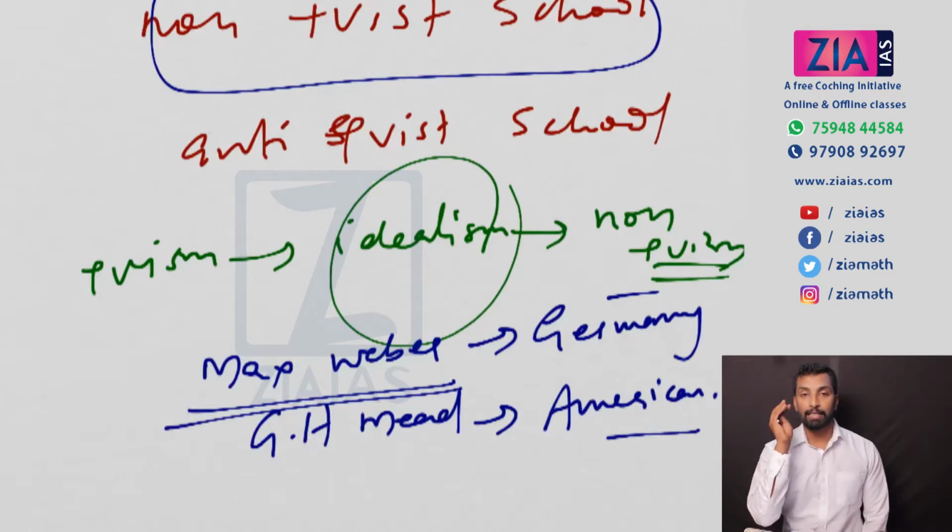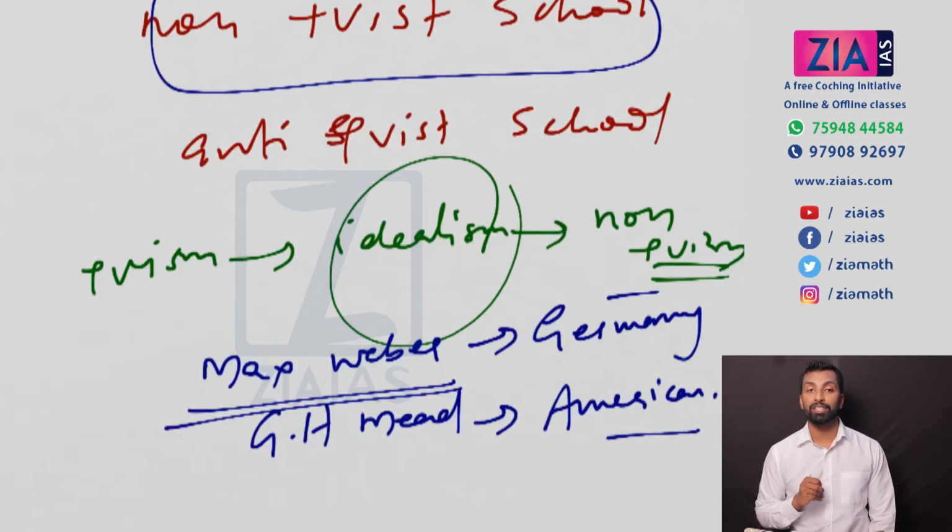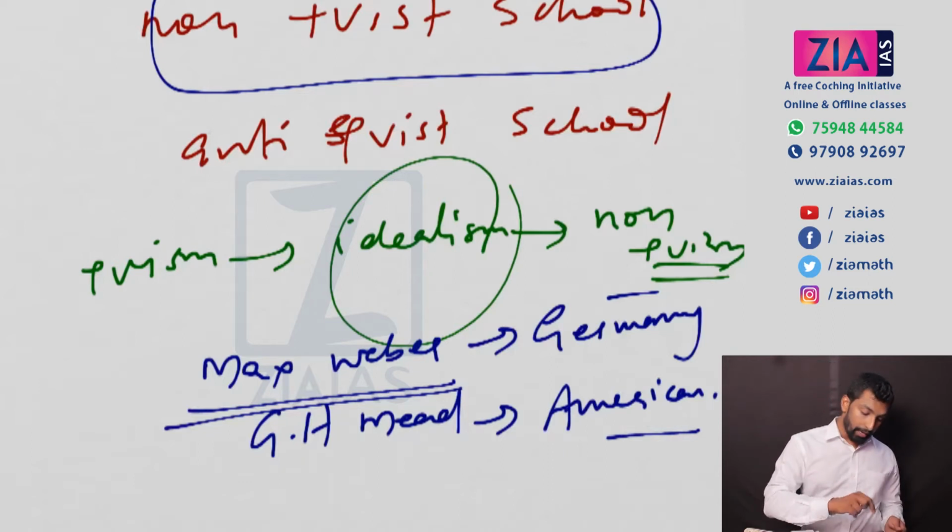So according to him, the task of sociology is to study human action and the meanings attached by the actor to their action. At the same time, Weber argued that the science of society must be based on the use of scientific methods and the establishment of cause and effect relationship. That's what I told you earlier.